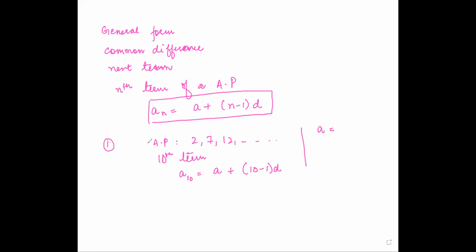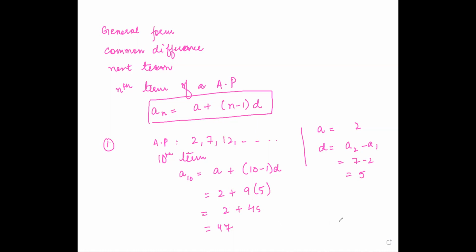You know it is already an AP, so a is 2 and d, you use any 2 terms. So you can do a2 minus a1, which will be 7 minus 2, which is equal to 5. Yes, so put it here. So this is 2 plus 9 into 5. Yes, Hamna, can you hear me? So this is 47. So 47 is the 10th term of this AP.